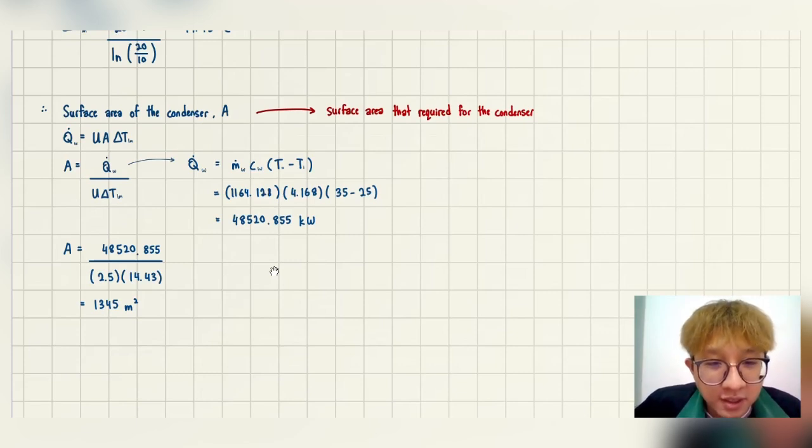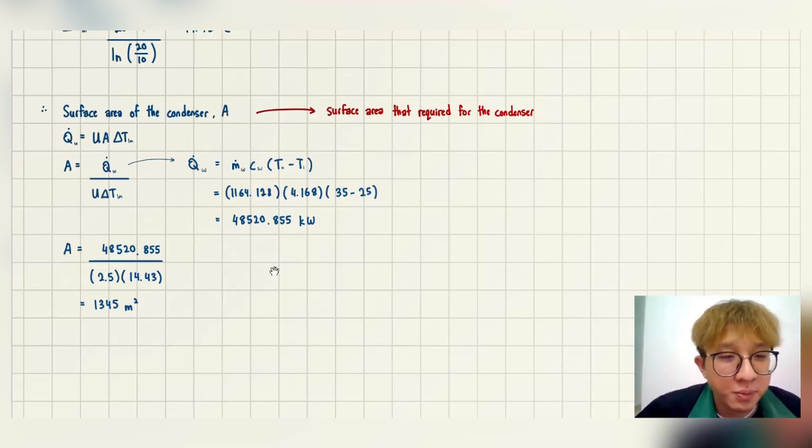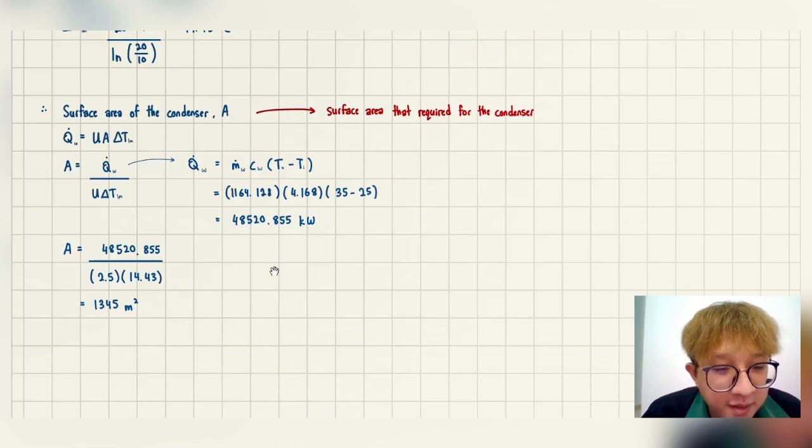So the Q dot is 48,520.855 kilowatt. Then we put that into the formula just now. So the area is 1,345 meters square.